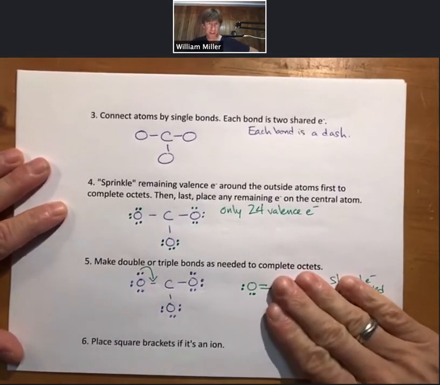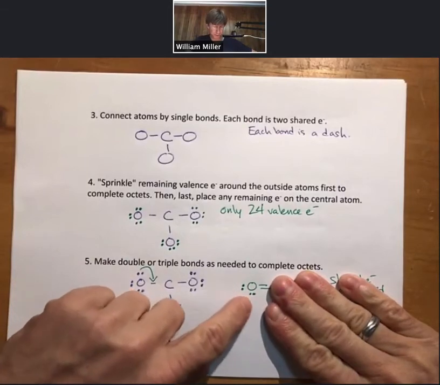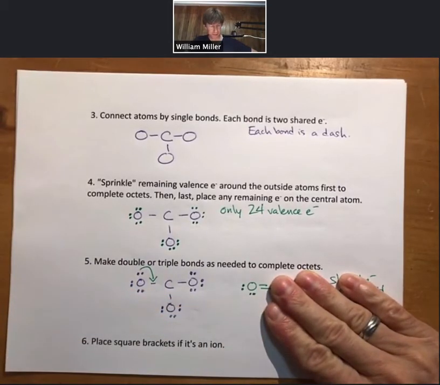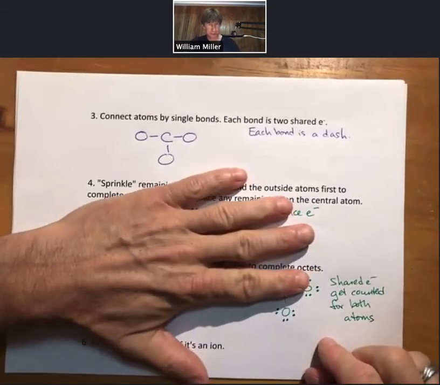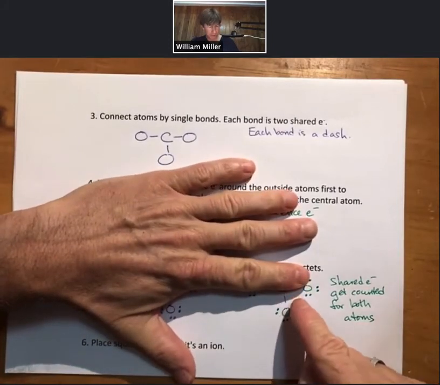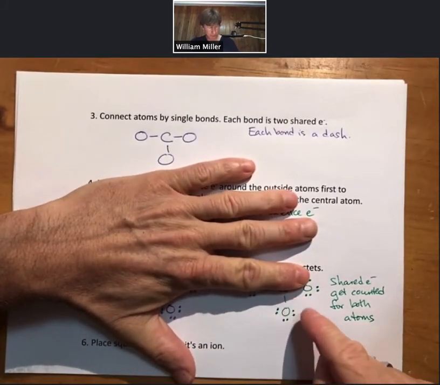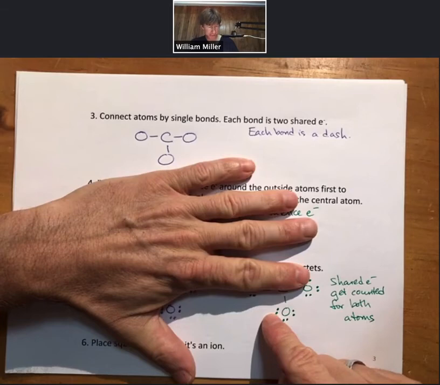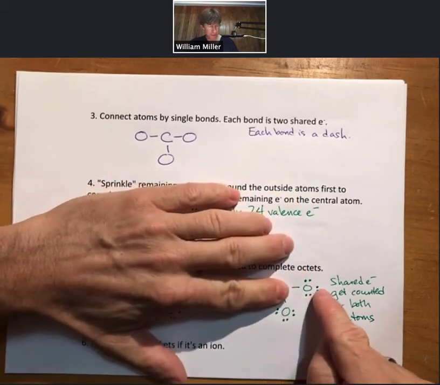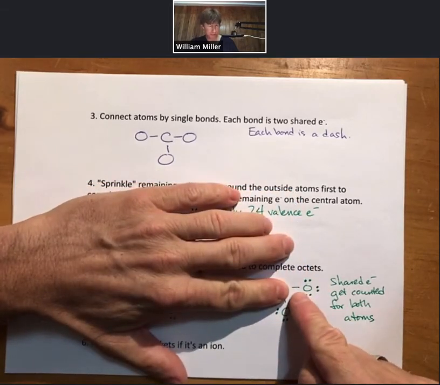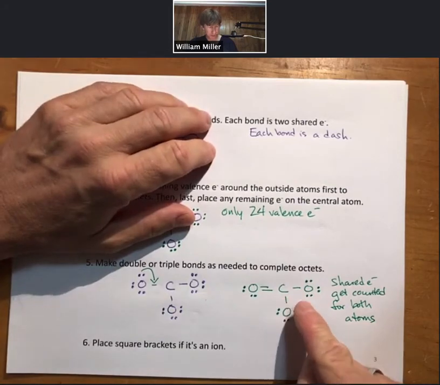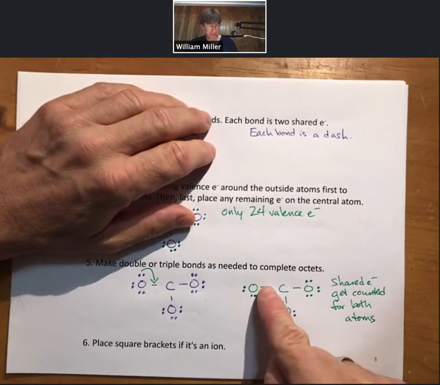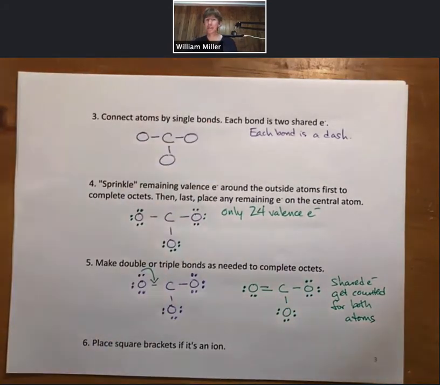So if we look at this oxygen, we have 2, 4, 6, 8 electrons around it. If we look at this oxygen, we have 1 bond, which is 2, 4, 6, 8. That is an octet. Octet over here. And the central carbon, 2, 4, 6, 8 there. And so everybody has an octet. That's what you're shooting for with the Lewis structure. And we've arrived there. That's step 5.